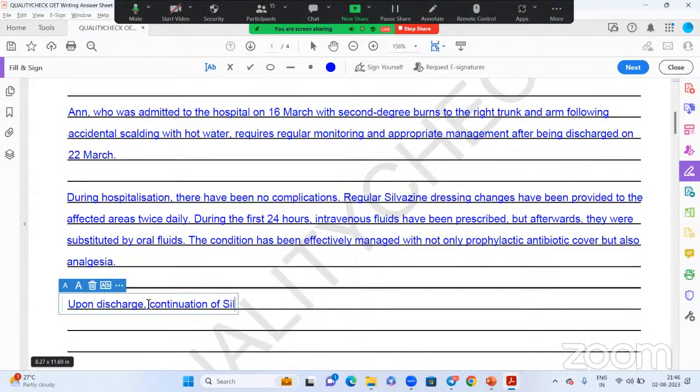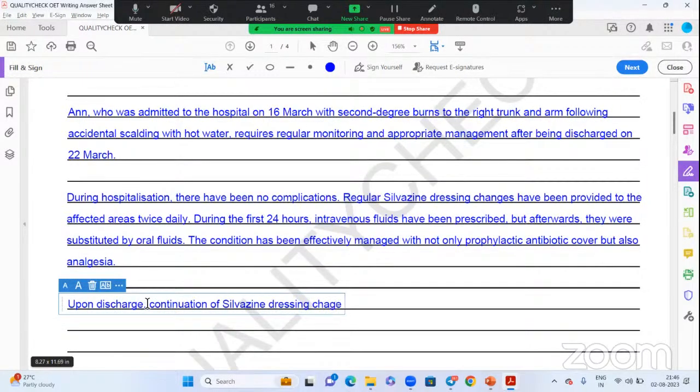Just use a capital letter. Anytime you see silverine, capital letter. Silverine dressings. Okay. Changes is recommended. Full stop. Continuation of silverine dressing changes is recommended.